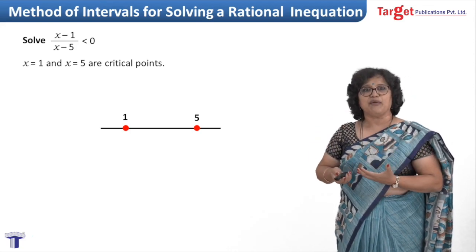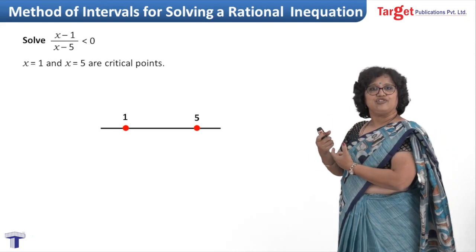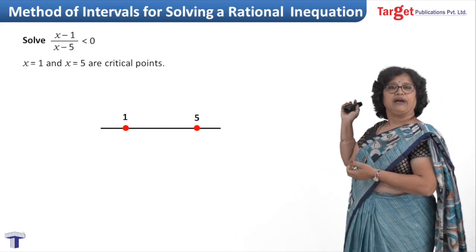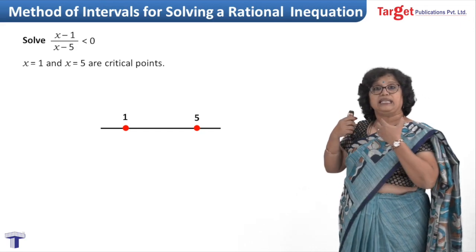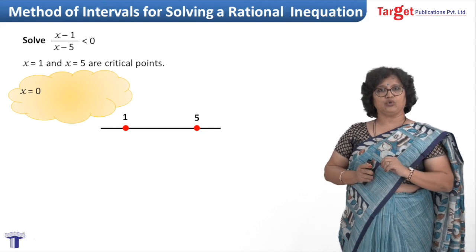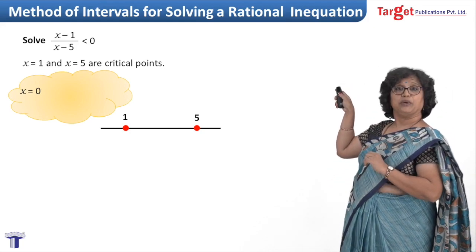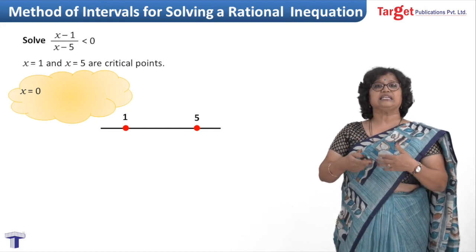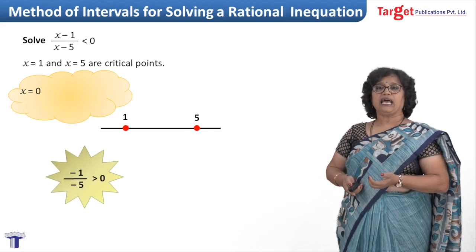My next attempt is to check interval-wise the sub intervals we have made: minus infinity to 1, then 1 to 5, and 5 to infinity. We check these one by one. If I take x equal to 0, which falls to the left of x equal to 1, and substitute it, does this point satisfy the inequation?